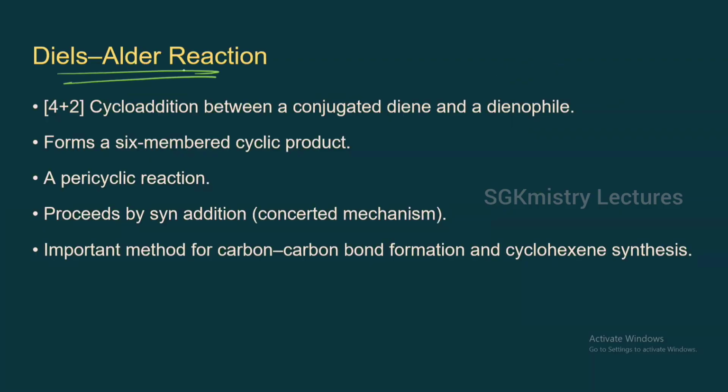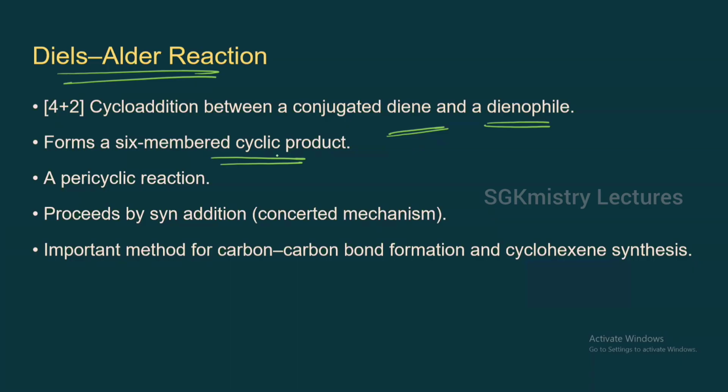This is the 1,4 addition of the unsaturated molecule, that is the dienophile, with a conjugated diene, which we generally call a diene. So the cycloaddition reaction between diene and dienophile, especially the 1,4 cycloaddition or 4 plus 2 cycloaddition, whatever you call it. You get ultimately a 6-membered cyclic product because of this cycloaddition reaction.